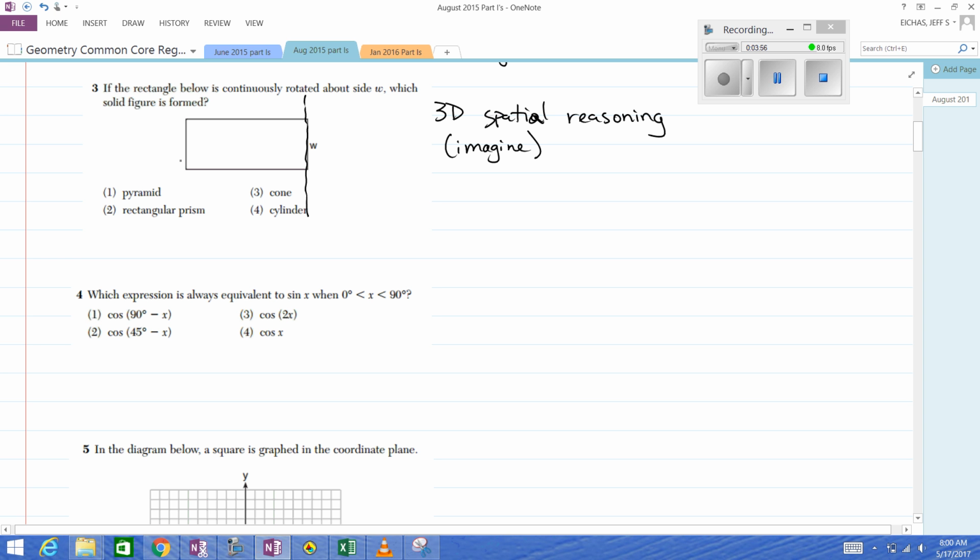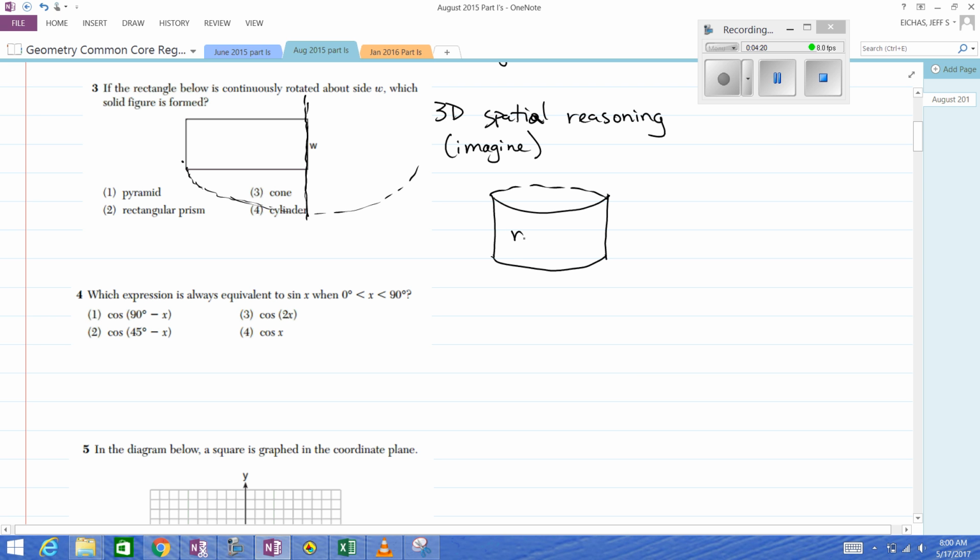So we're going to take this, think of it like a flag, and spin this around, trying to show you 3D here. Imagine that it's going around and around 360 degrees. What we hope you can see is this rectangle will wrap all the way around.